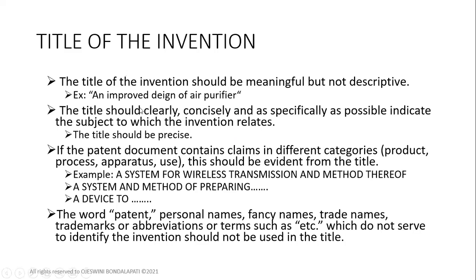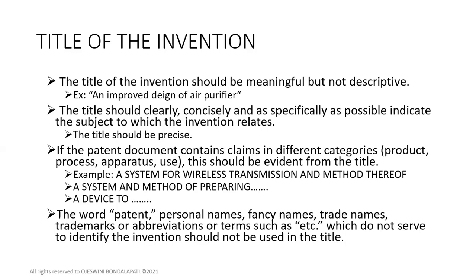When we say improved design of air purifier, we can just assume that it is related to an air purifier, and it must be a mechanical patent where the structure or the design of the purifier is explained.